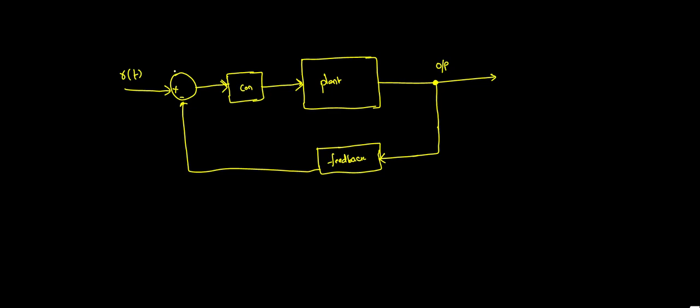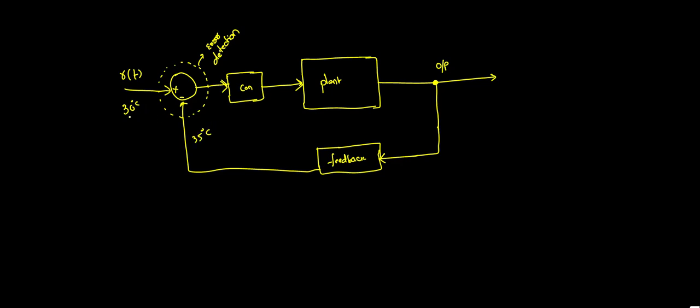This particular portion is called the error detection. What is it actually doing? It is detecting the error. What error? Whatever input you are giving, say for example 30 degrees centigrade, and you are getting 35 degrees centigrade.